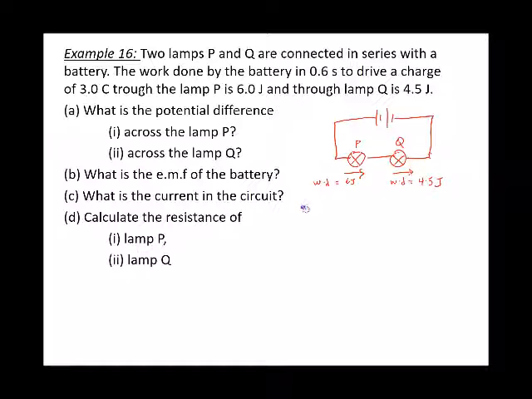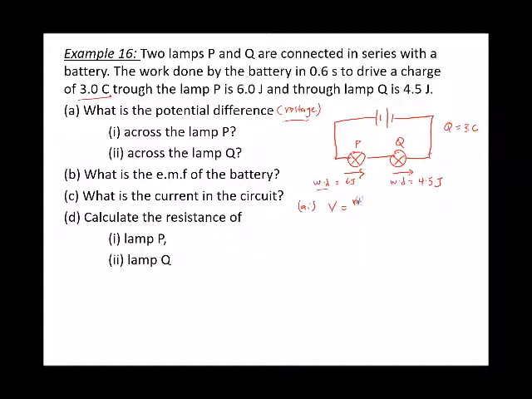So part 1, what is the potential difference across lamp P? Basically, what is the voltage? You have the work done, you have the charge, which is 3 coulomb, and you want to find the voltage. So what formula comes to mind?